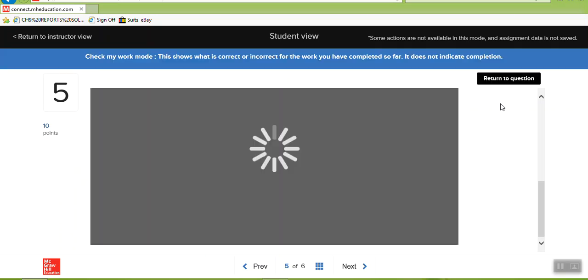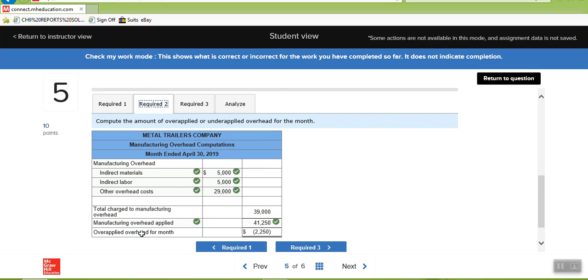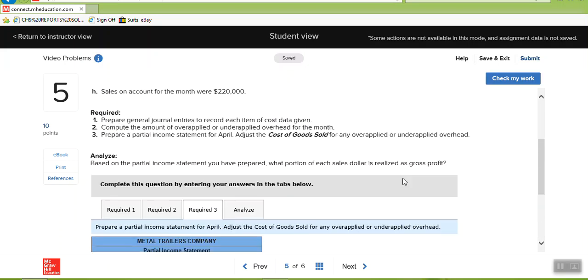Let's see how we're coming along now. Yeah, so this one should look like that. Didn't actually check requirement 2, but requirement 2 should look like that. And I think that leaves us with everything done except the analyze. So the analyze says, based on the partial income statement you have prepared, what portion of each sales dollar is realized as gross profit?